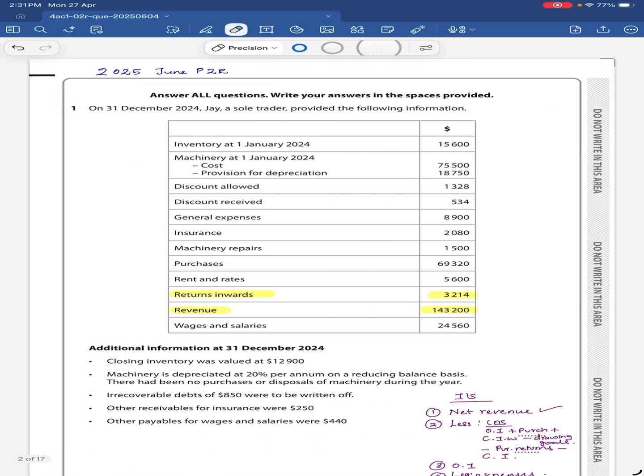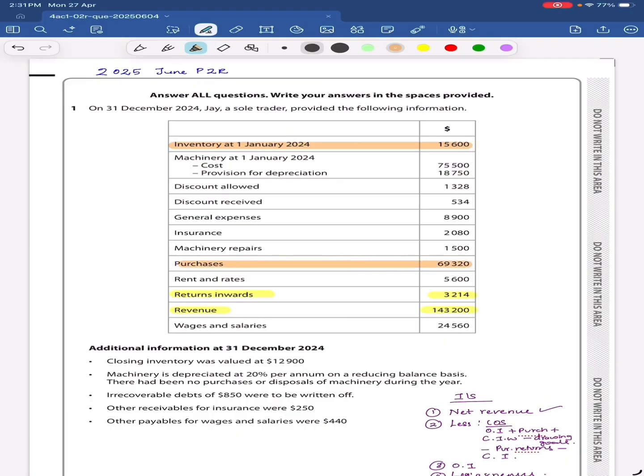Now let's figure out the components of cost of sales. We have opening inventory, we have purchases, there aren't any purchase returns, carriage inwards, and then we have closing inventory over here. There aren't any goods drawings.